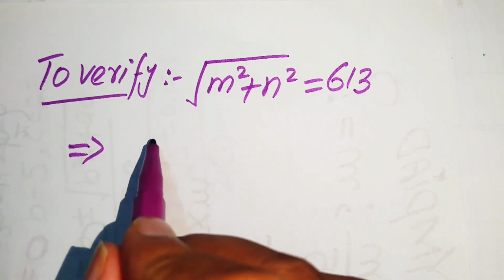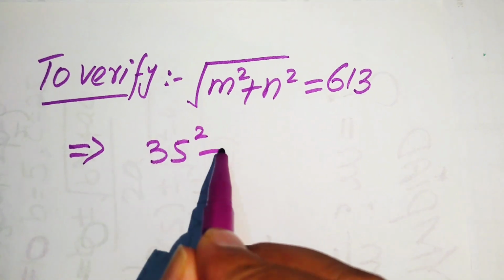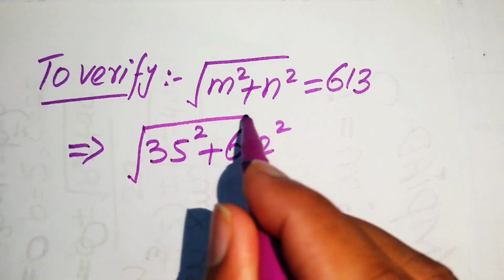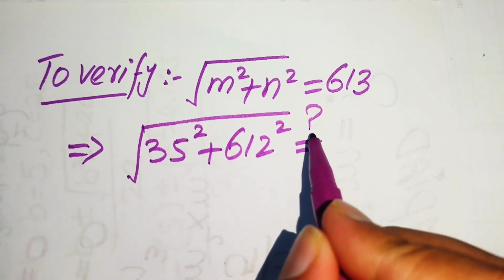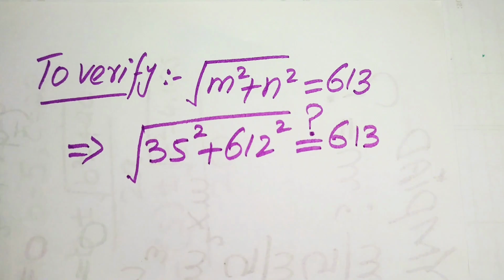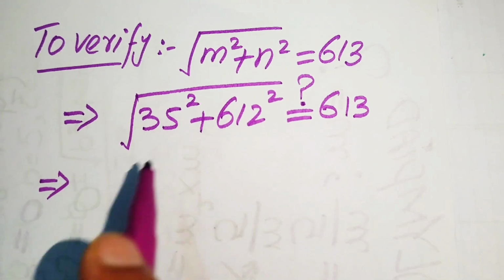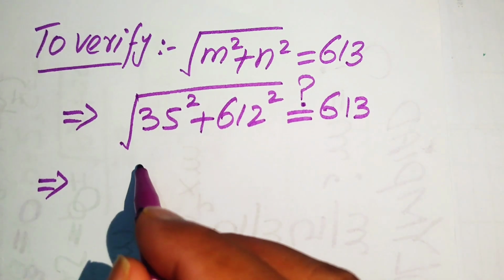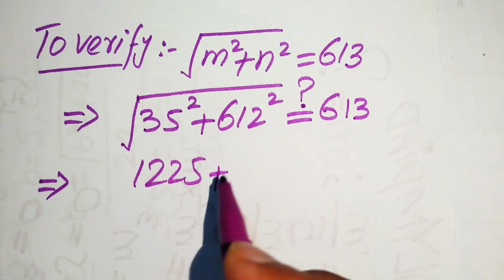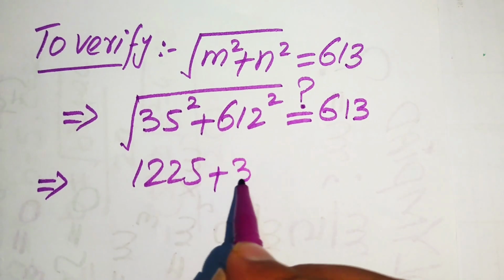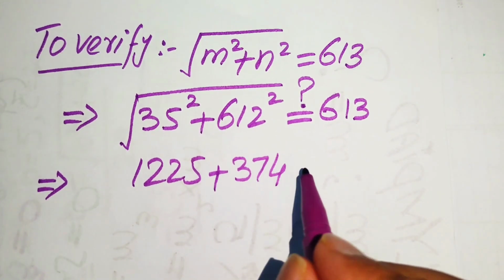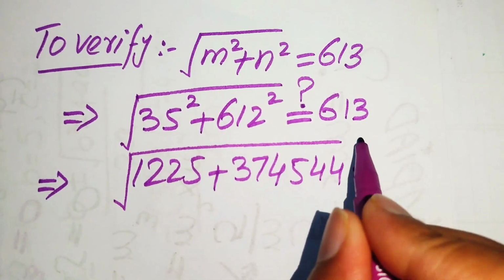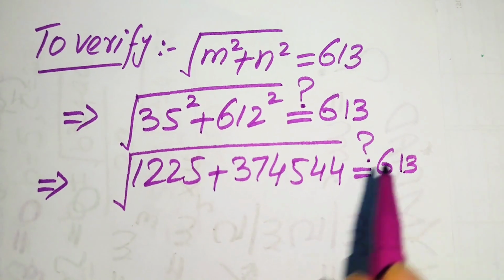The value of m is 35, so it becomes 35 square, and the value of n is 612 square, and we check whether this equals 613 or not. We take the square of 35, which is 1225, and the square of 612, which equals 374,544, and its whole square root. We check whether this equals 613.